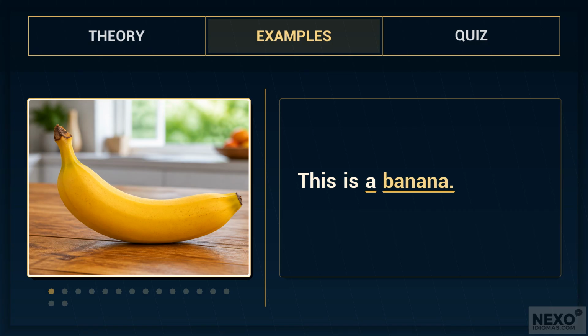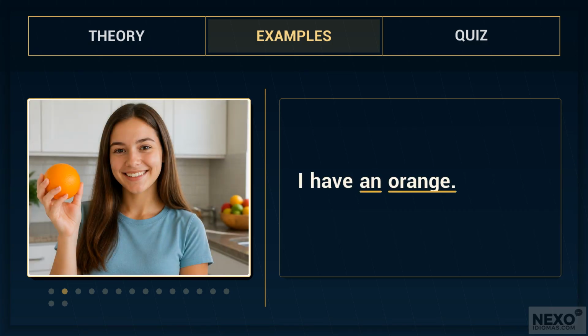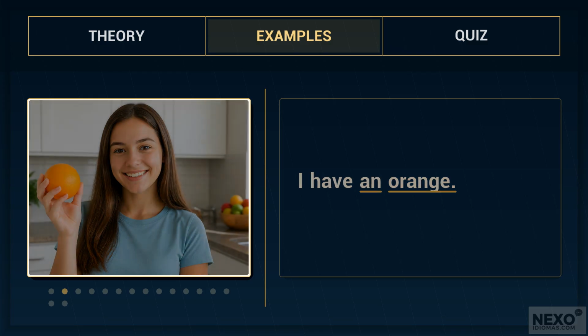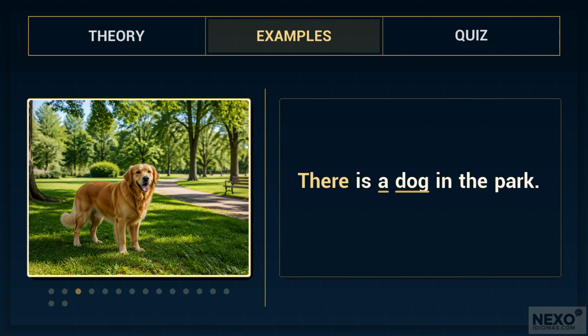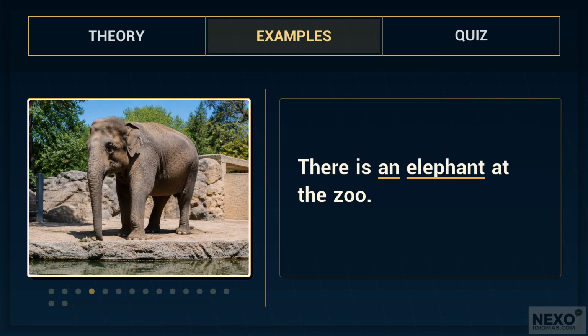This is a banana. I have an orange. There is a dog in the park. There is an elephant at the zoo.